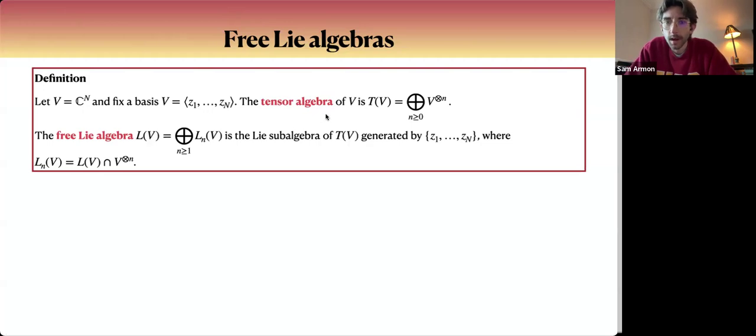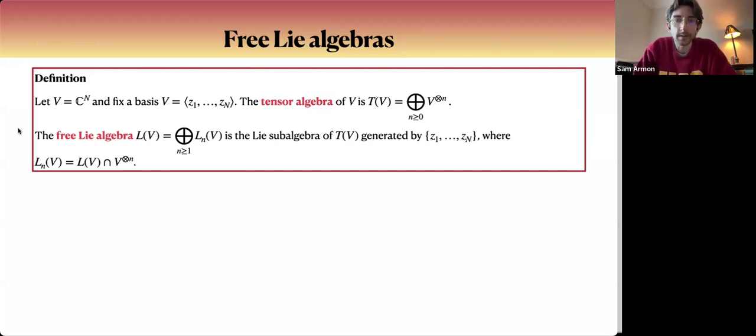From the vector space, I can form what's called the tensor algebra of V. This is the space spanned by all tensors of all orders of V. But we can think of it as, once we fix a basis, the tensor algebra is just spanned by all possible words in the alphabet Z1 through Zn. And it comes equipped with a natural grading, where each graded piece consists of all the words in this alphabet that have length exactly n. So that's what this V to the tensor n represents.